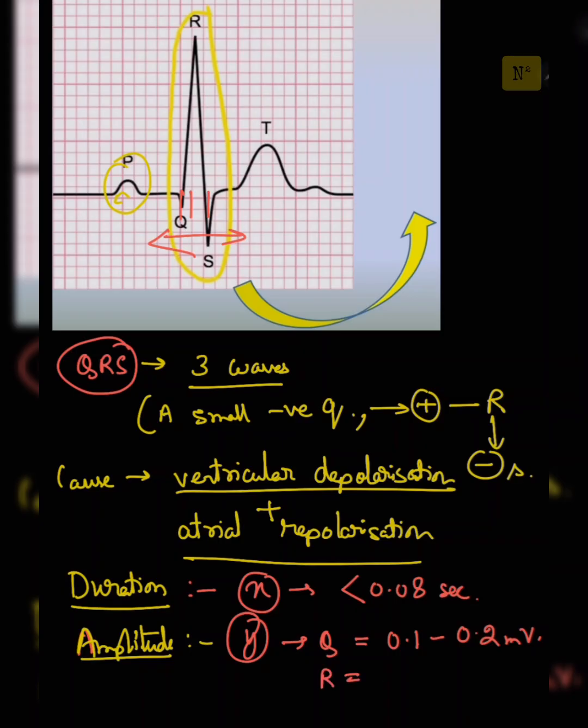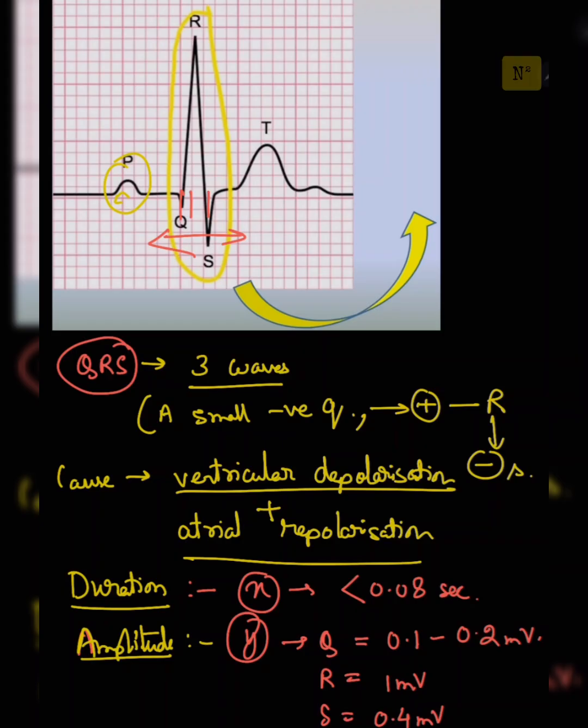The R wave should be in the range of 0.08 to 1 millivolt. The S wave, its potential should be 0.4 millivolts. If you sum all this total, you should get values from 1.5 to 1.6 millivolt.